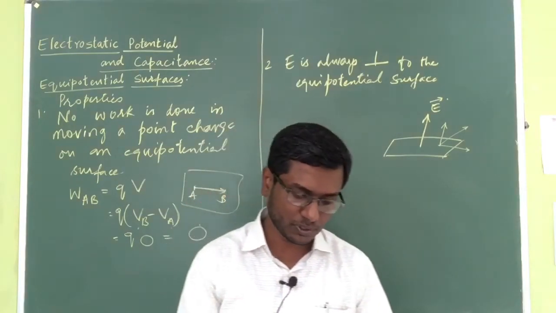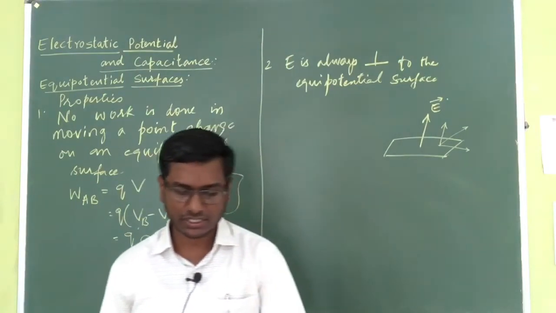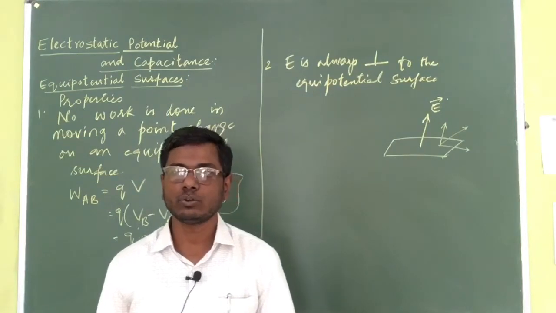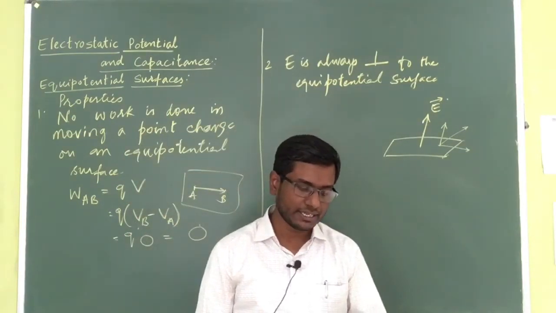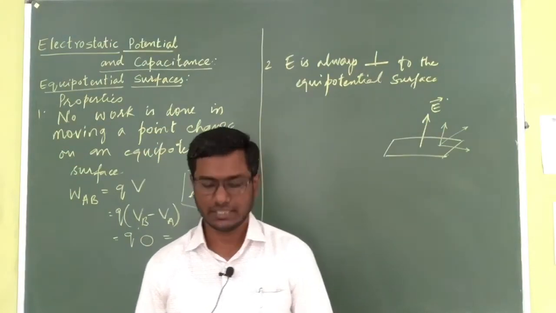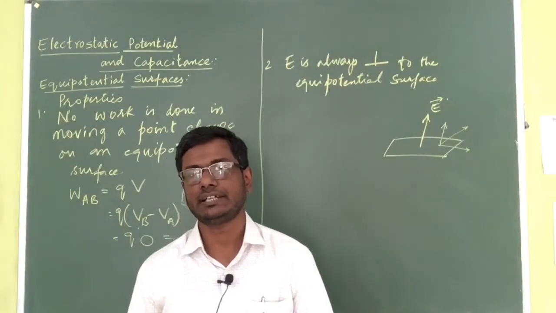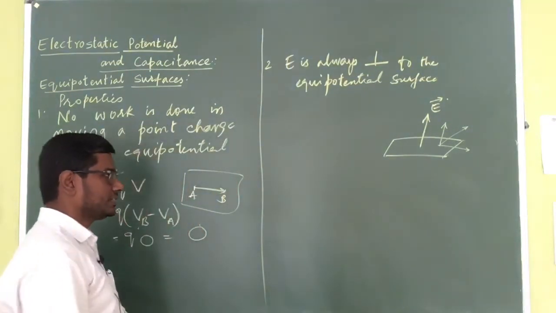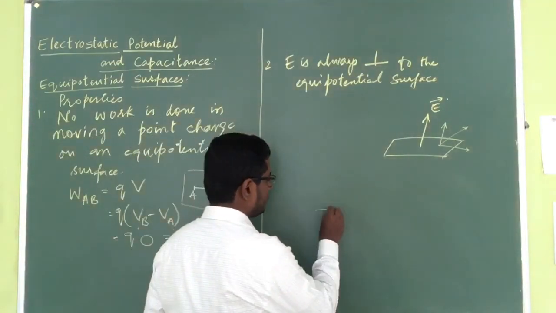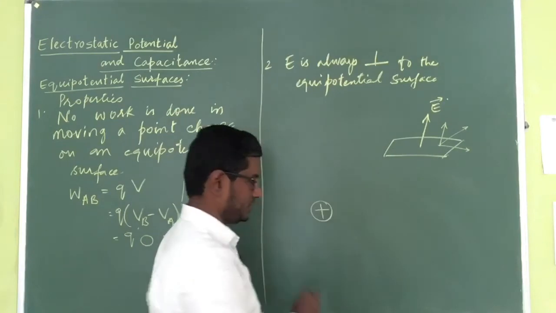Then the fourth property: equipotential surfaces are closer in the region of strong electric field and further apart in the region of weak electric field. So wherever the electric field is strong, let us take the example of a unit positive charge.